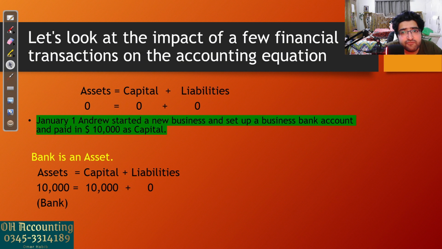Now, let's look at the following transactions and then identify the effect on the accounting equation. For now, we know the accounting equation is assets equals capital plus liabilities. Okay, we are starting a new business. So for now, all of these are 0, 0 and 0. Let's read the first transaction and then make the impact of that transaction on the accounting equation.